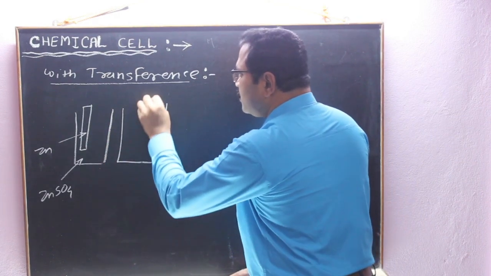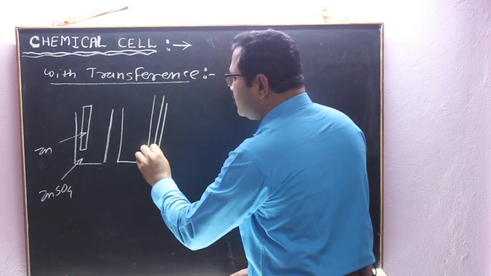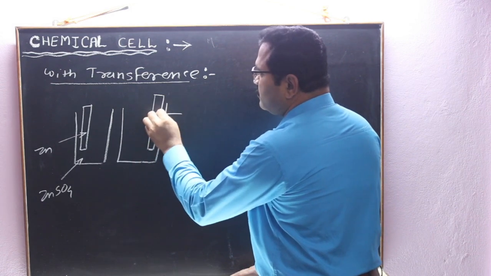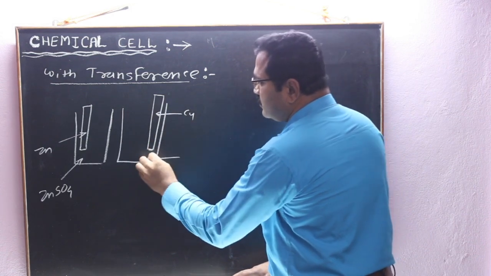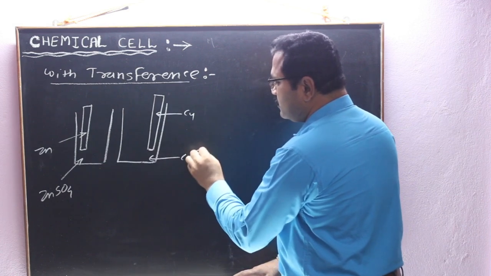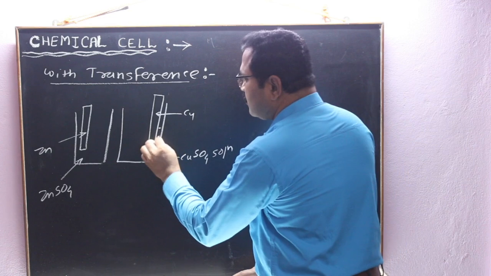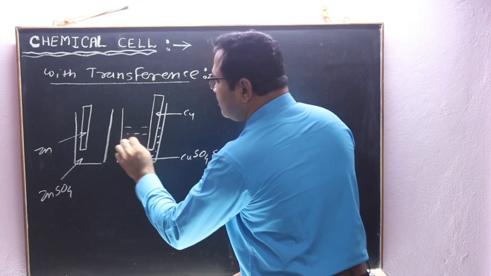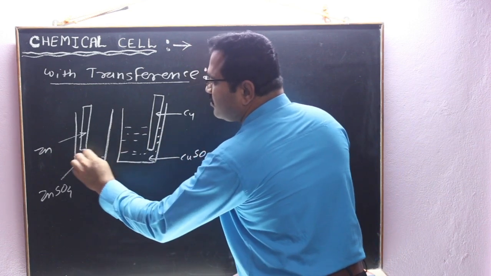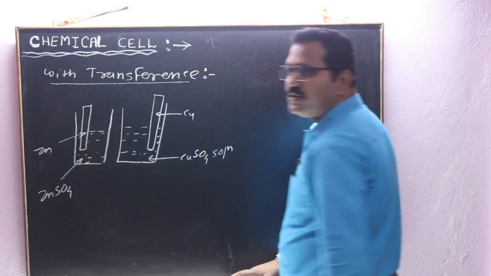Now another electrode is, suppose, copper rod dipped in copper sulfate solution. Here copper rod is dipped in copper sulfate solution, zinc rod dipped in zinc sulfate solution.